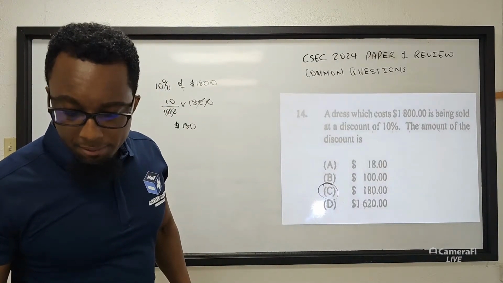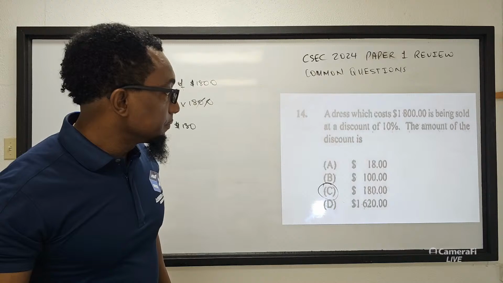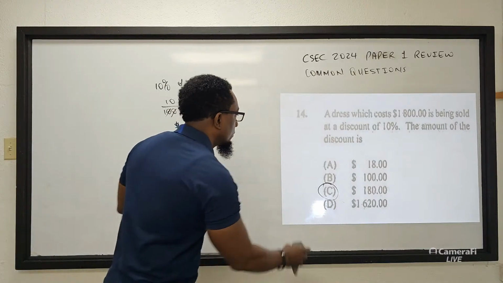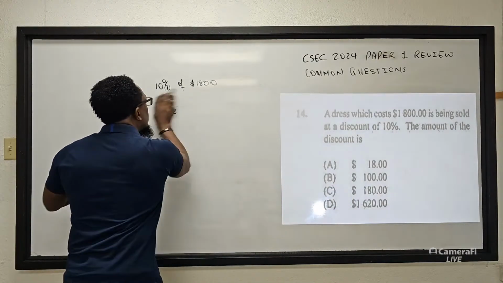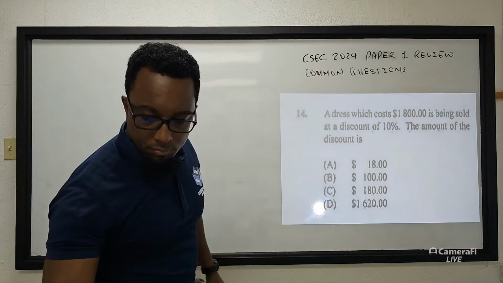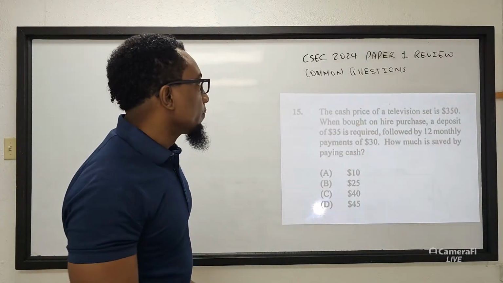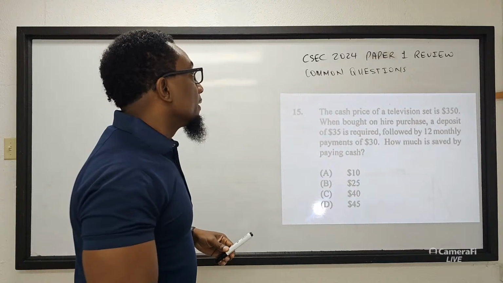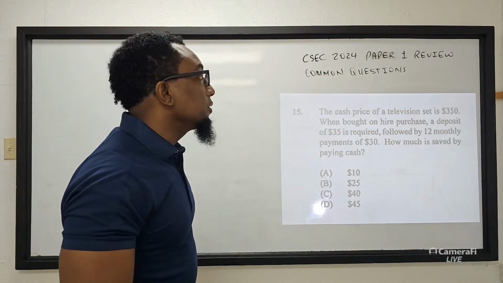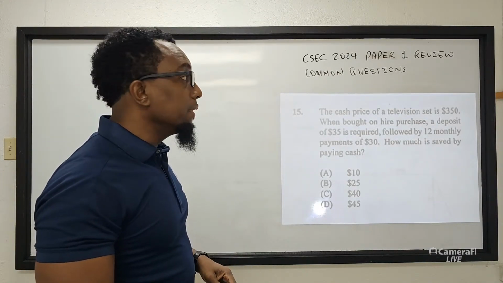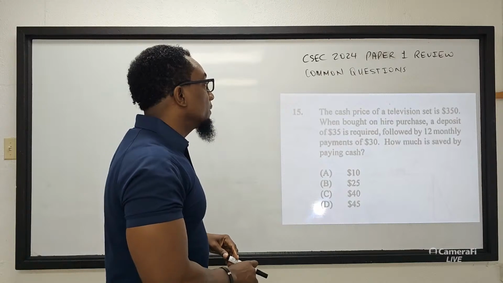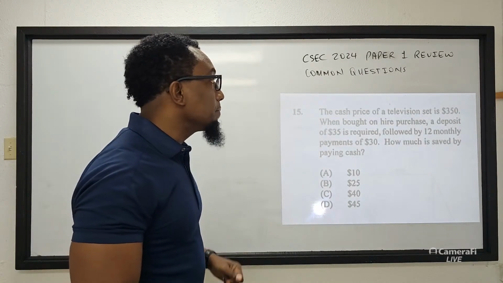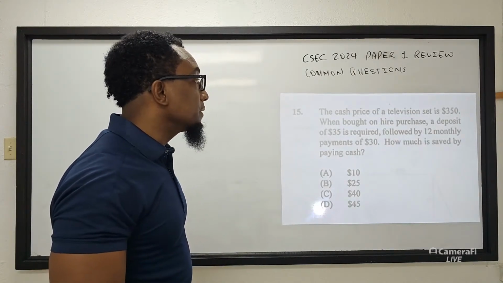So let's look at 15. Common question again. The cash price of a television set is $350. When bought on hire purchase, a deposit of $35 is required, followed by 12 monthly payments of $30.